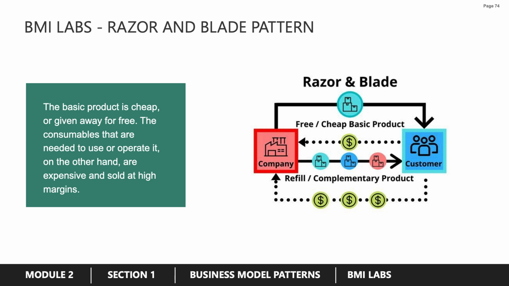In the case of HP, or Hewlett-Packard, they were selling printers. But the hardware, the razor so to speak, was the printer, and that wasn't where they made their money. They made the significant majority of their profits from the sale of the ink, which was used on a regular basis.